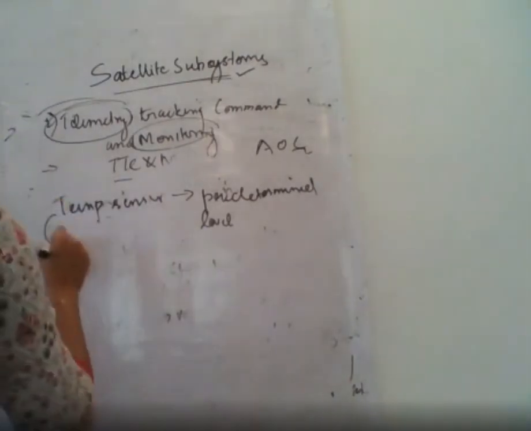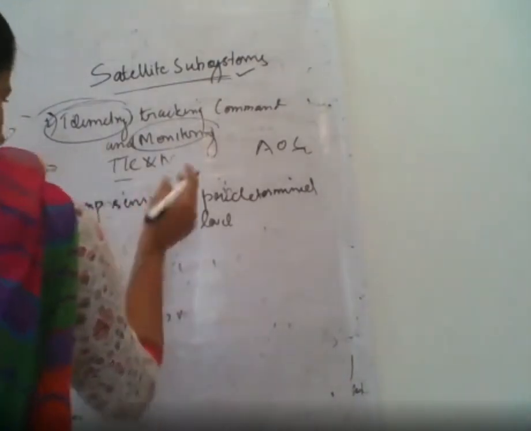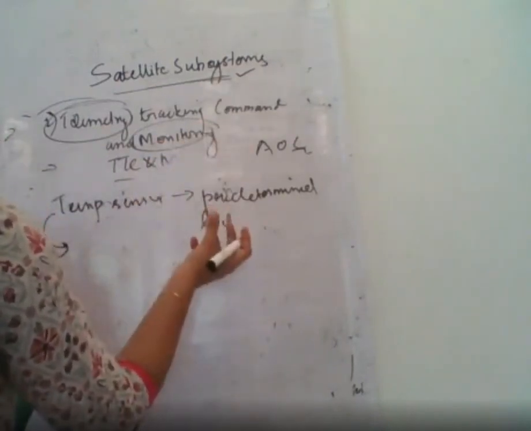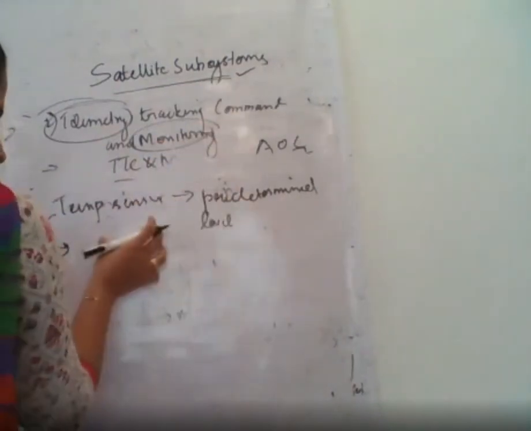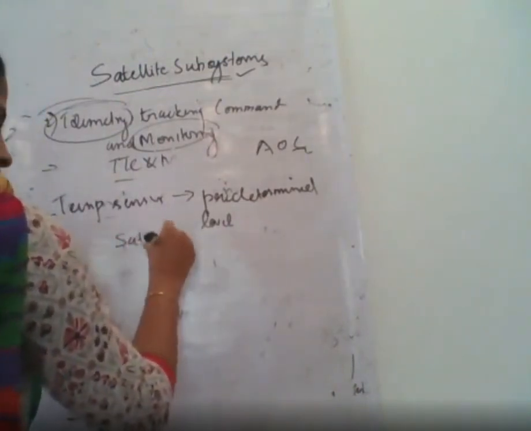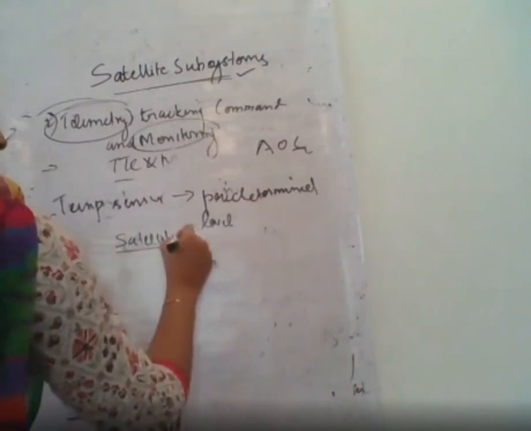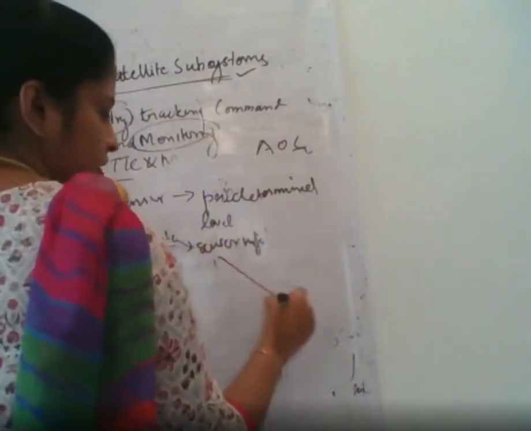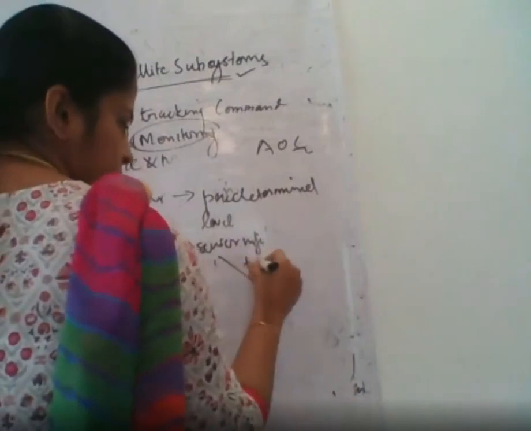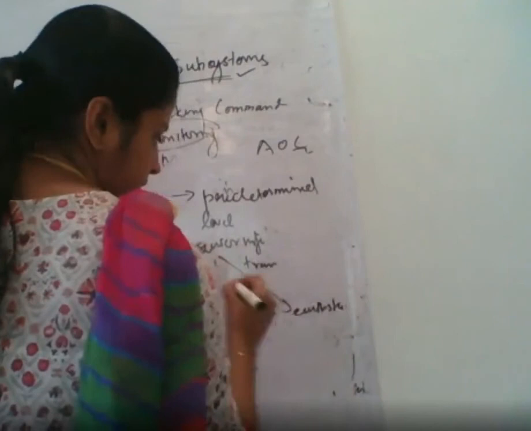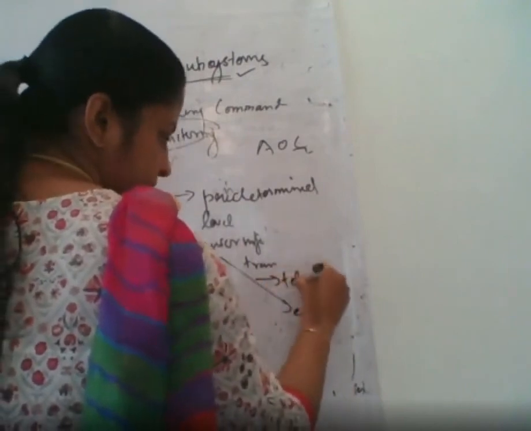So here comes the purpose of telemetry. The monitoring system collects the data from the sensors, and the satellite sensor information is transmitted to the Earth station via a telemetric link.